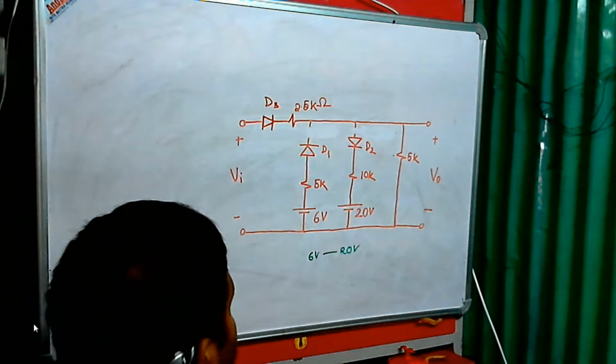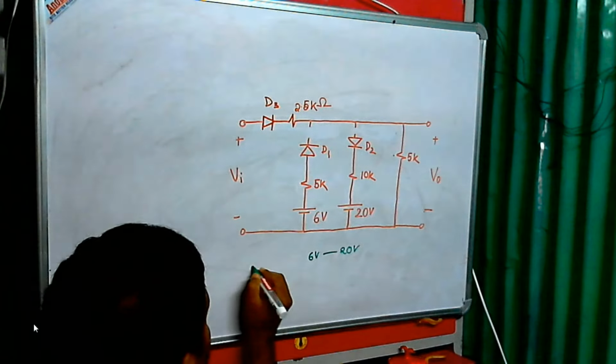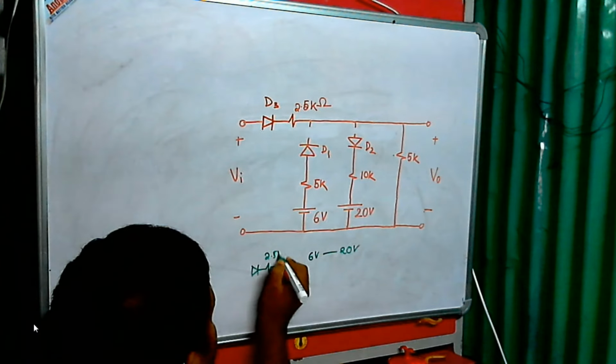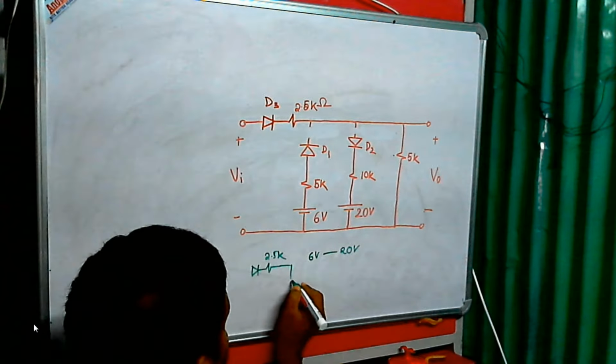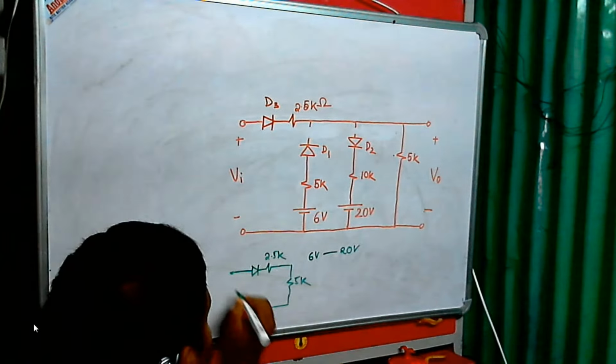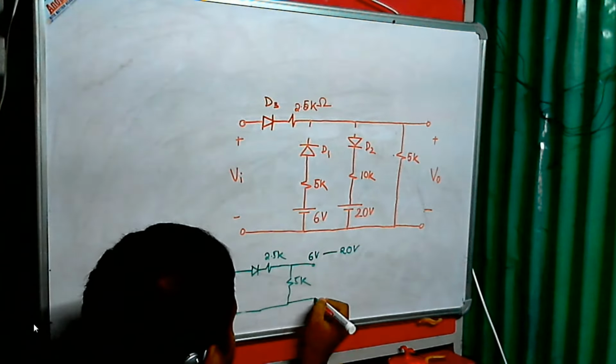In this situation you can see a simple circuit: an ideal diode, a 2.5k resistor, and another 5k resistor, with input Vi and the output Vout.